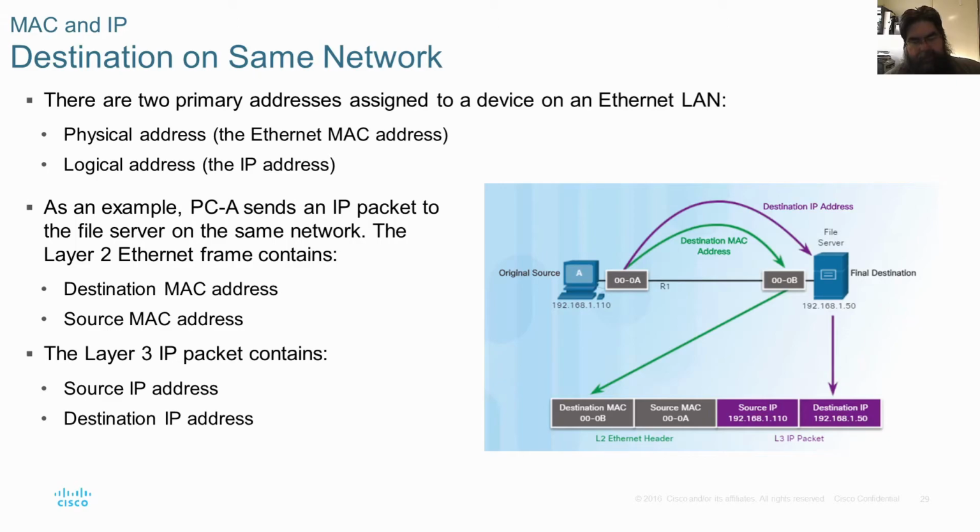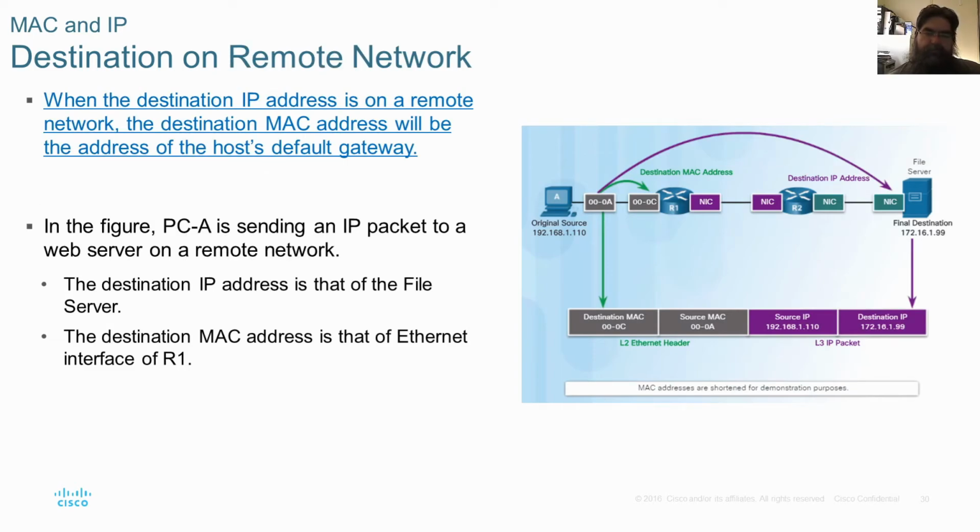We then encapsulate it with our layer 2 addressing. Now the layer 2 destination address is referring to the next device that needs to process the frame. The layer 3 headers don't get changed until it gets to the final destination. That is not the case with the frame headers.